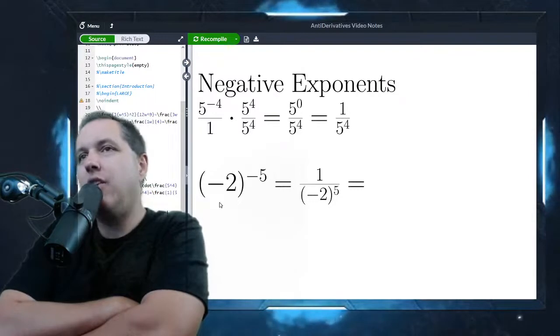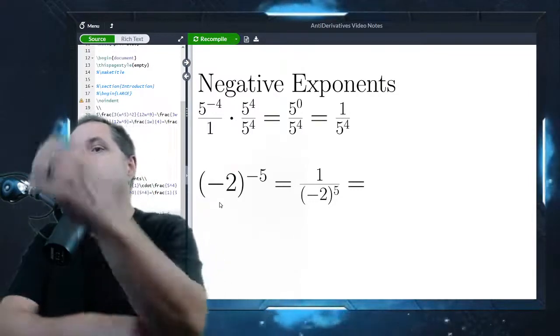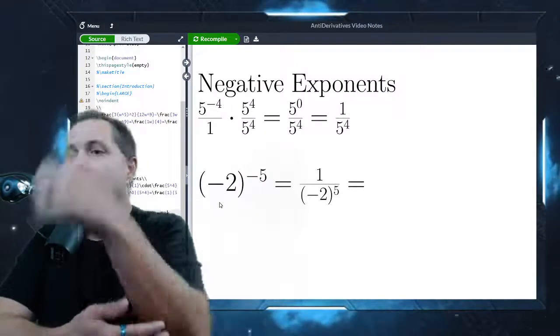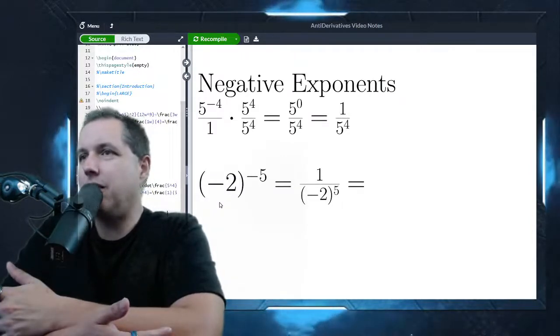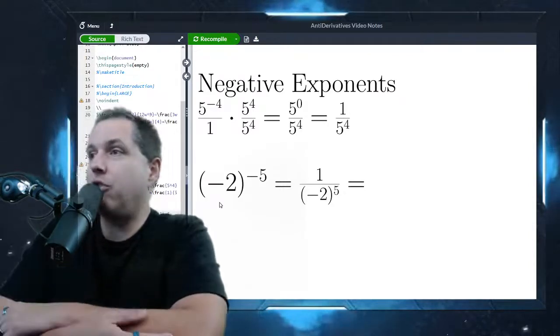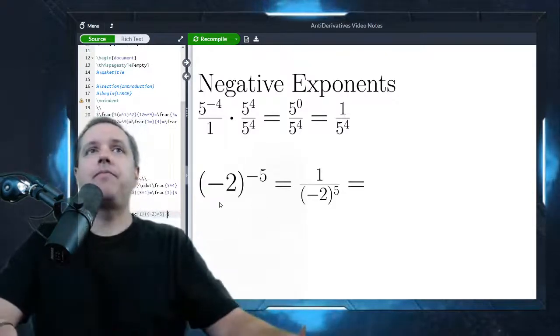Probably 32 better than 2 to the 5th. Even though 2 to the 5th, 2, 4, 8, 16, 32, is equal to 32, we don't talk that way because it's confusing. People have to sit there and calculate what 2 to the 5th is, whereas if I say 32, you just go, oh yeah, I know about what 32 is.